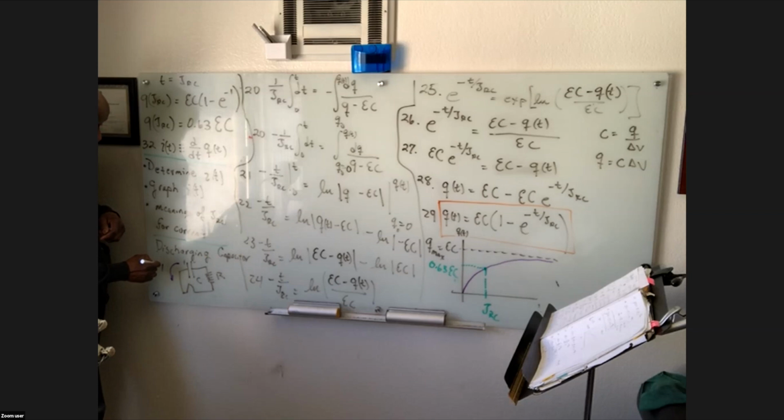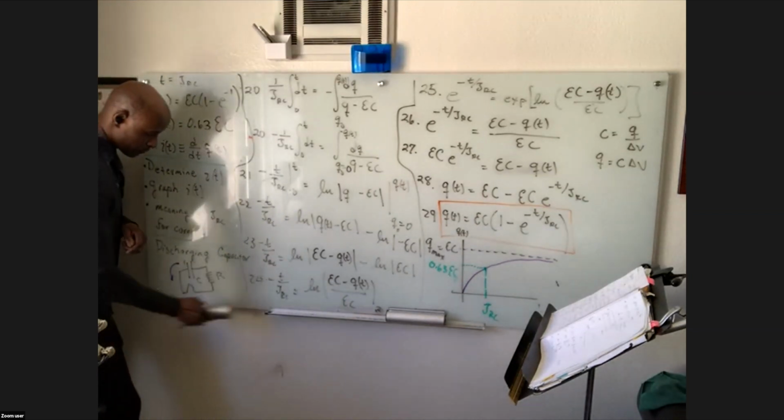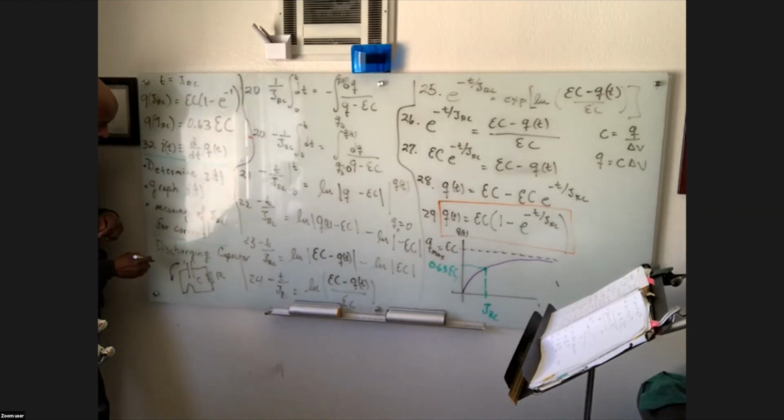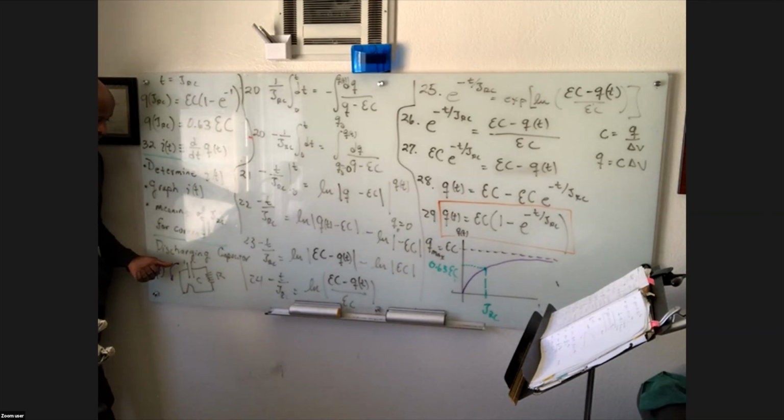Now, it's not going to continue. It will die down to zero, because a capacitor is not like a battery. As long as a battery has its chemical energy, it will continue to provide a voltage. But initially, for a discharging circuit, the current is going to be a maximum value.